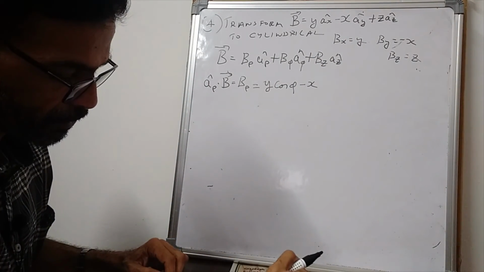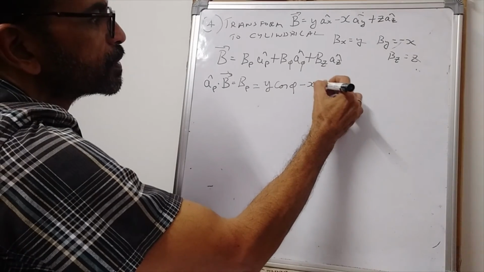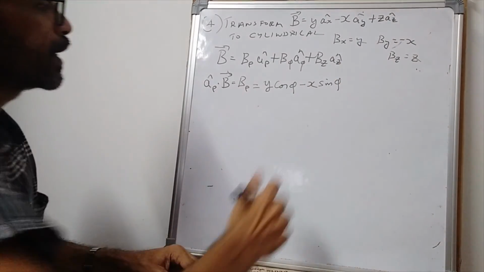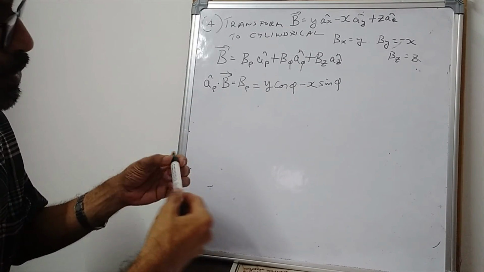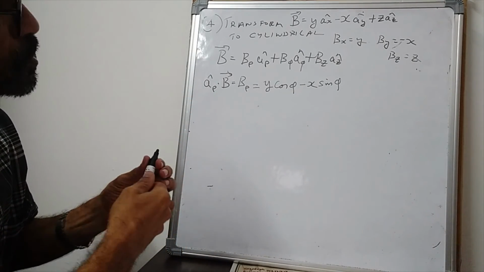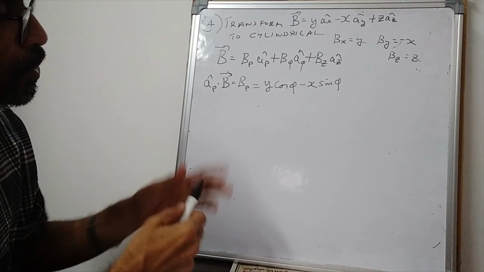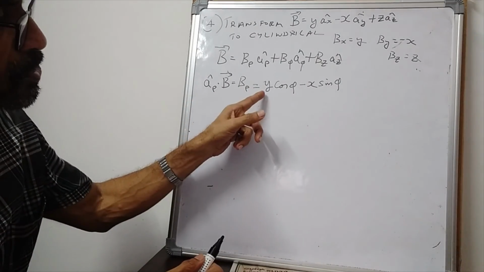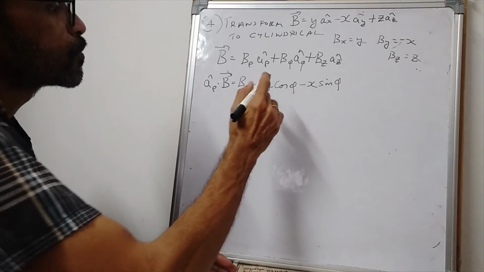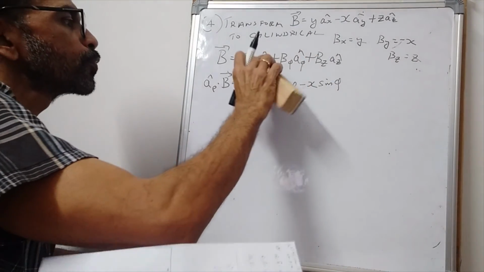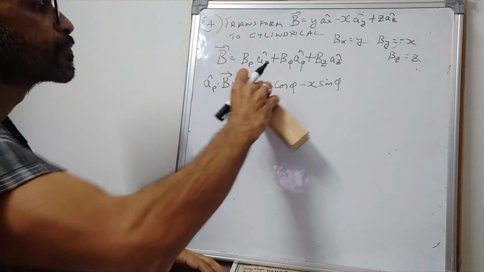Arrow dot ay is sin phi, and arrow dot az is 0. This is the rho component, but it is still in y and x, so we should get rid of that, and we know that y is equal to rho sin phi.